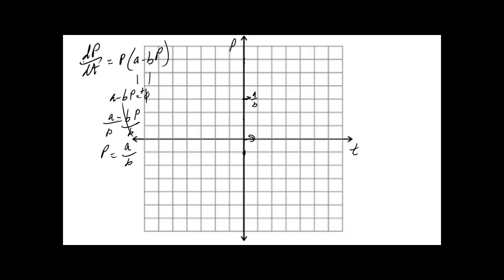And above there, you got the negative slope again, approaching that 0 slope at A over B. They're kind of saying the same things we did before.